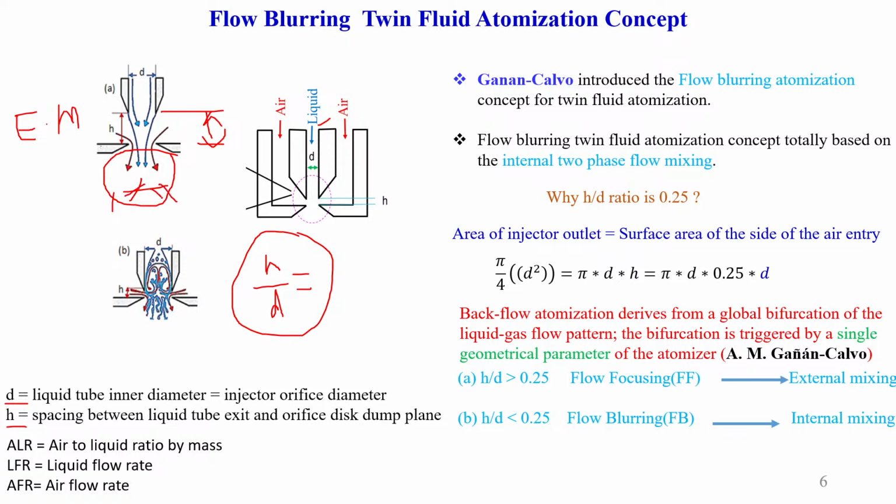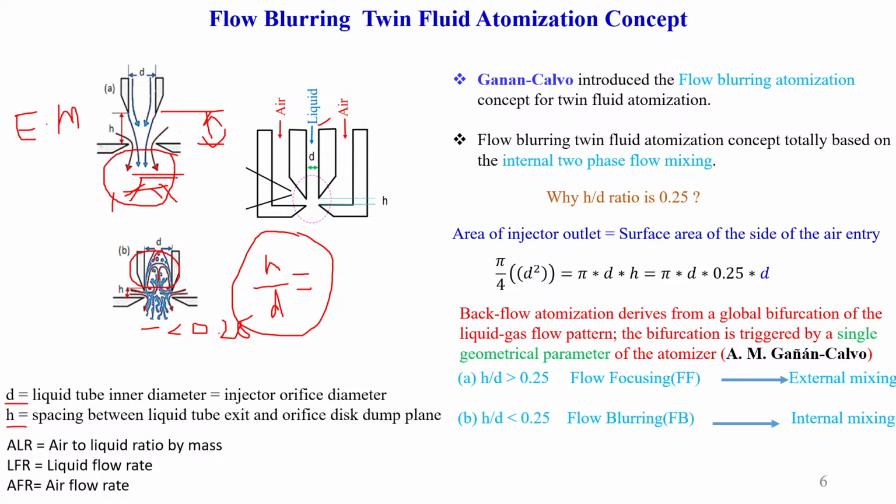Whereas in the other configuration, if the H by D ratio is less than a certain value, 0.25, we will have internal mixing also. In this image we can clearly see both liquid and air mixing inside the injector. So primary atomization is taking place inside the injector, whereas here it takes place at the exit of the injector or outside of the injector.